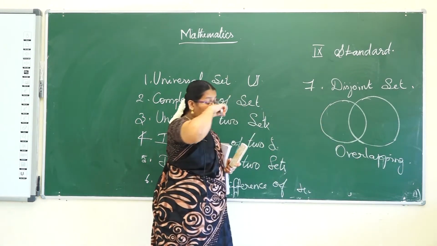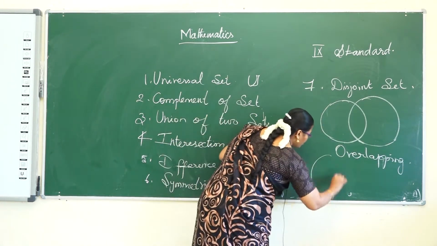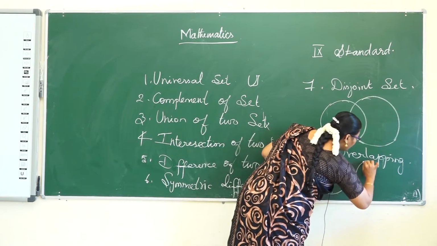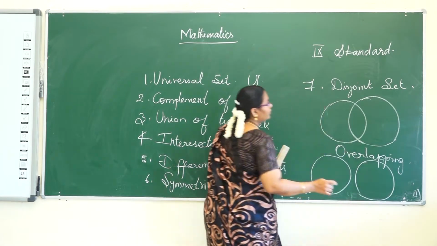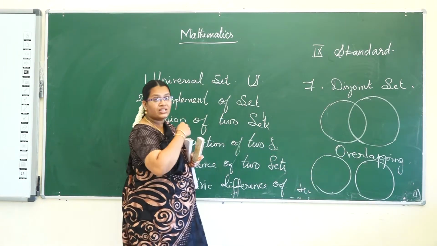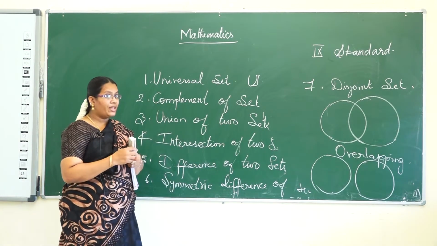So disjoint set means not overlapping, not touching together. Okay, that is called the disjoint set. I hope you are understanding the previous concept. Okay, now moving to the example 1.16.